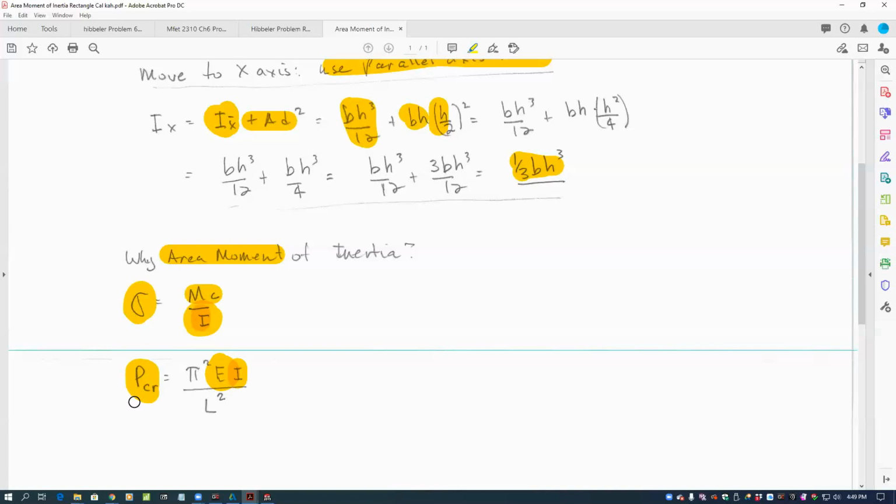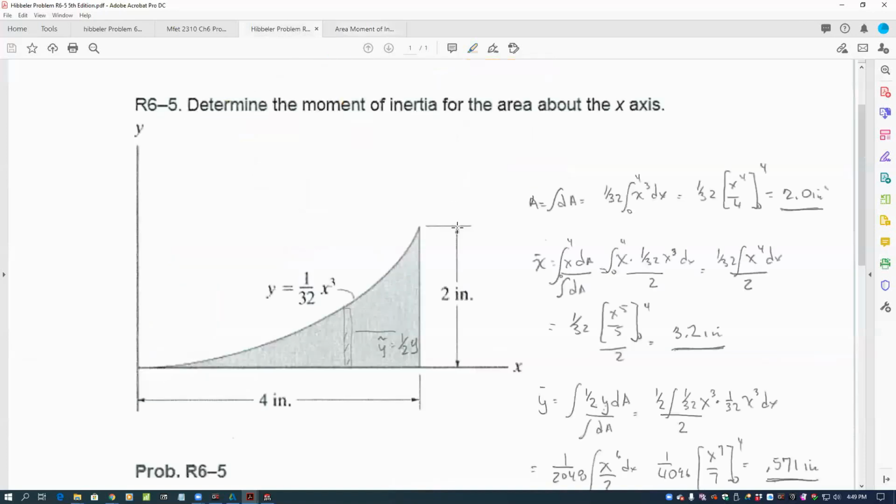We can carry a larger load before that column will buckle if we have a larger area moment of inertia. So let's now review a problem that will calculate the area moment of inertia of this area underneath this function.